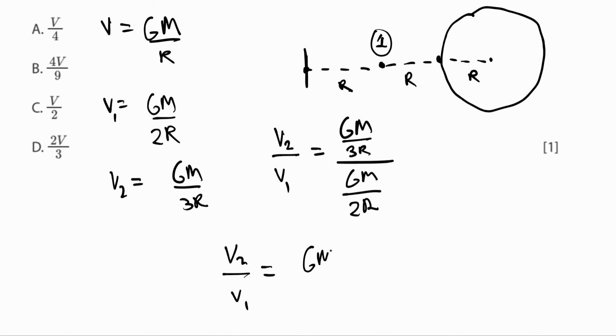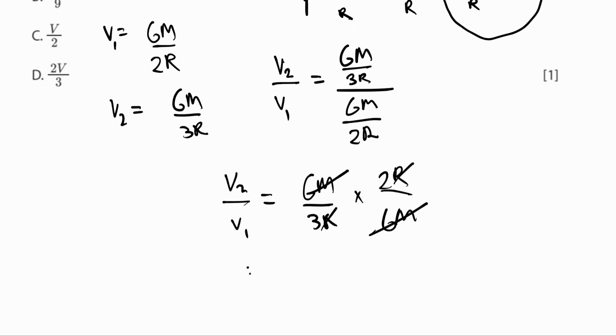GM cancels, r cancels, so I'm left with V2 is equal to 2 over 3 V1, and V1 of course I'm taking as the original position at this first position, and V2 is the second position. That's what I've solved for. So I'm writing V2 in terms of V1, and that's our answer. So D.